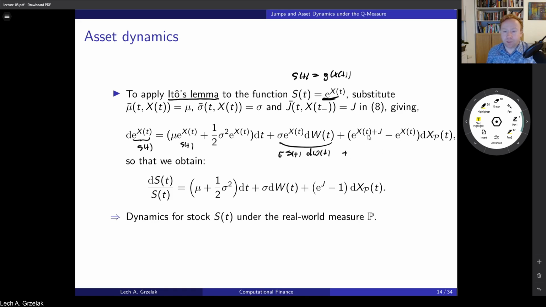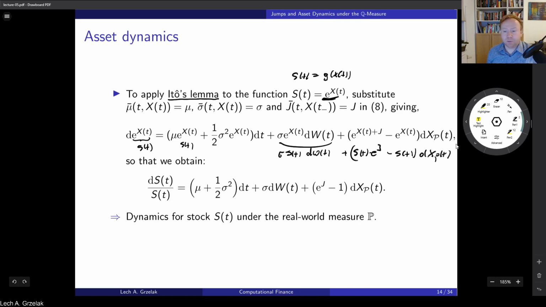So we have here S(t) times e to the power J. This is e to the power X times e to the power J, which gives us e to the power X plus J, with a minus S(t) dXP(t).